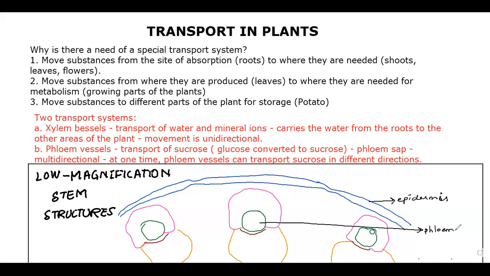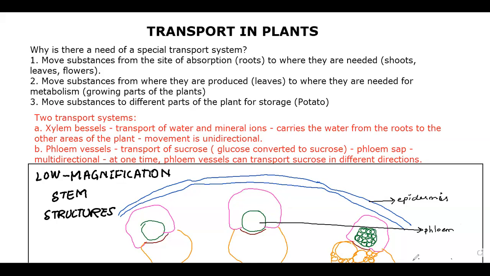Oftentimes you will see past paper questions in your paper 2 that give you pictures of light microscopy, and they will ask you to identify which is the xylem vessel and which is the phloem. Keep one thing in mind: your xylem vessels are generally larger in size compared to phloem vessels. So you will see that the xylem vessels will be larger than the phloem vessels.